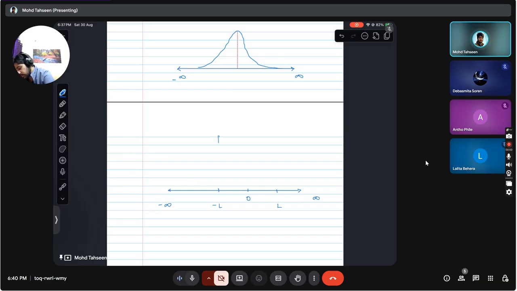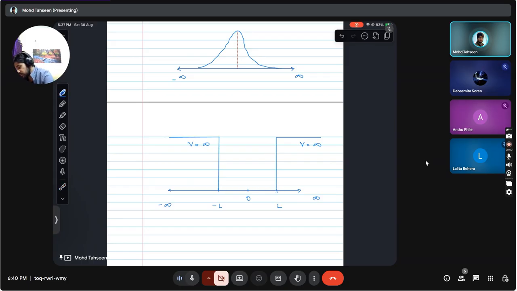Let me draw it like this. Many of you would have seen this already in your undergrad physics courses. So if we say that the potential here is infinity and here it's infinity, so that the particle cannot escape this region, right?